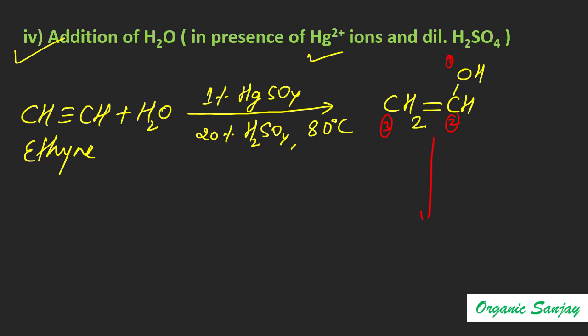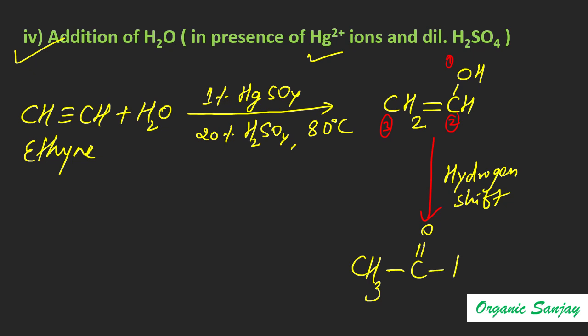So now rearrangement occurs, or we can say hydrogen shift, and it will give CH3 single bond CH double bond O. In this way acetaldehyde, or ethanal, is obtained. So I hope you understand. Let me show you one more example.